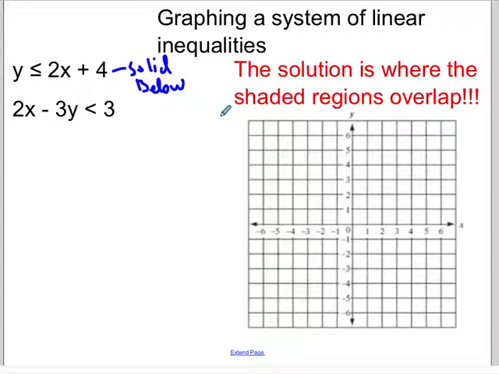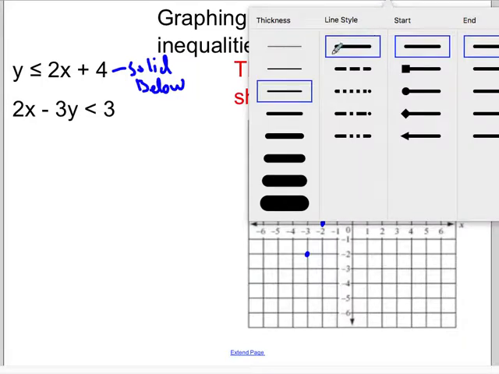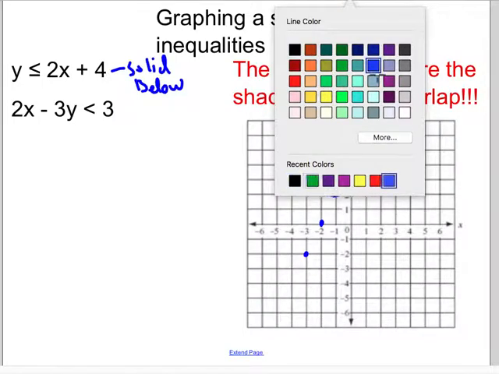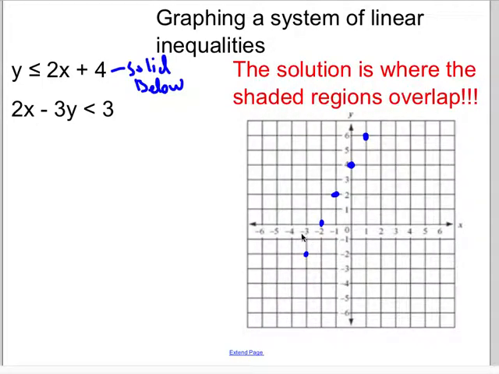Okay? And so to graph that, we start at 4, and my slope is 2. The more points I put on my graph, the better my graph will look. And so again, we're using a solid line, and we're going to shade below.